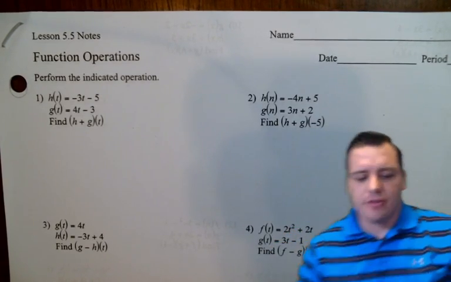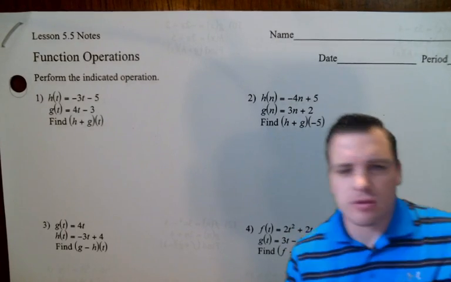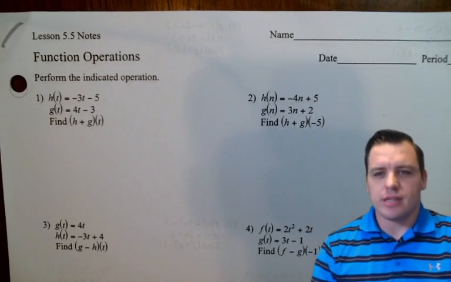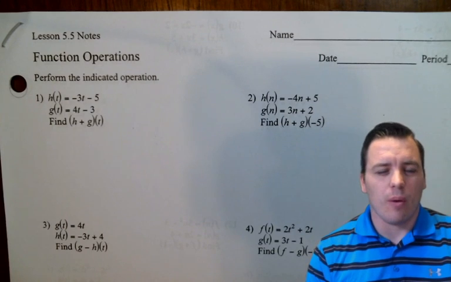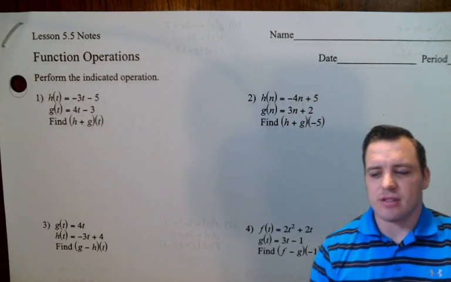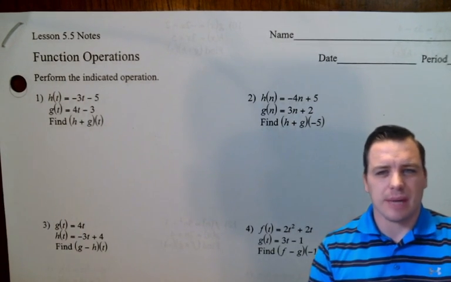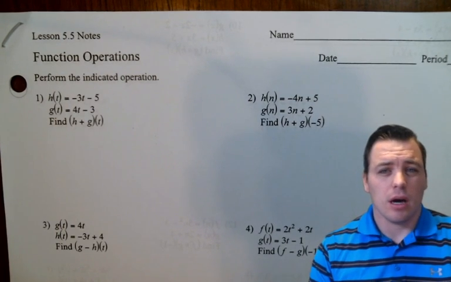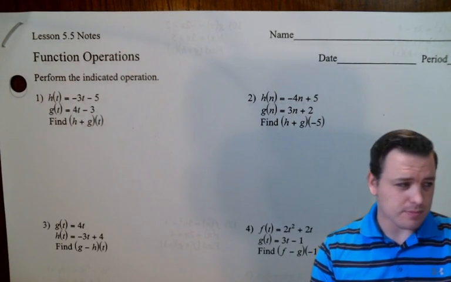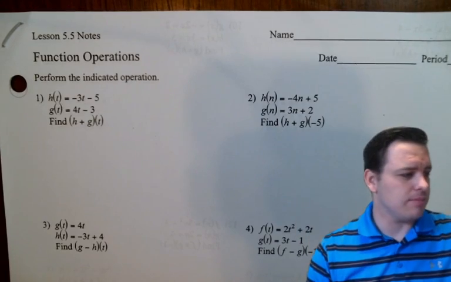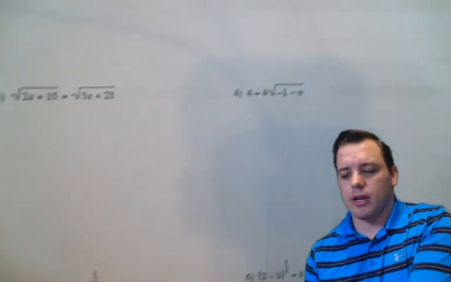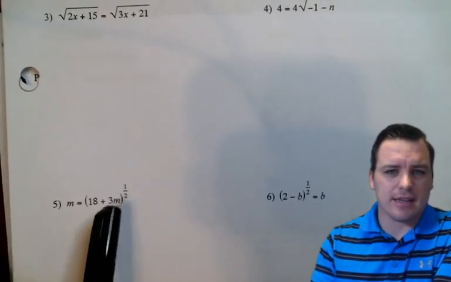Jumping in here to 5.5 notes. Now, I really don't know why this whole function operations topic falls in chapter 5, because chapter 5 is all about radicals, where we have a fraction as an exponent, like on your homework yesterday.